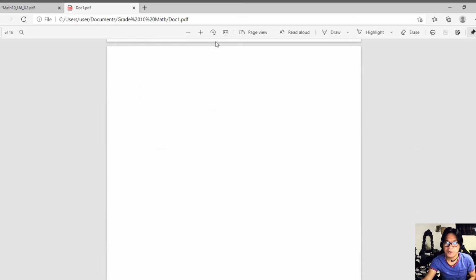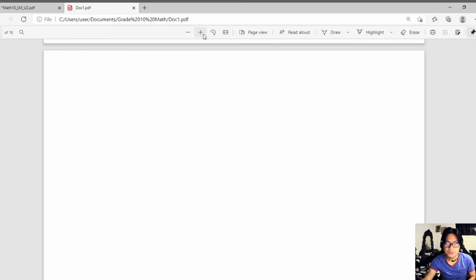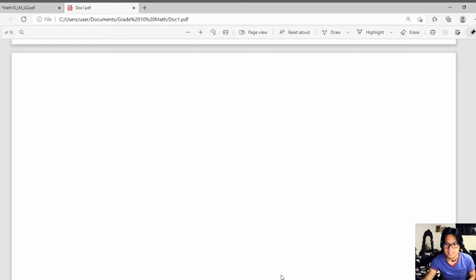What is the formula used in finding the area of a sector? Let's use the blank sheet.